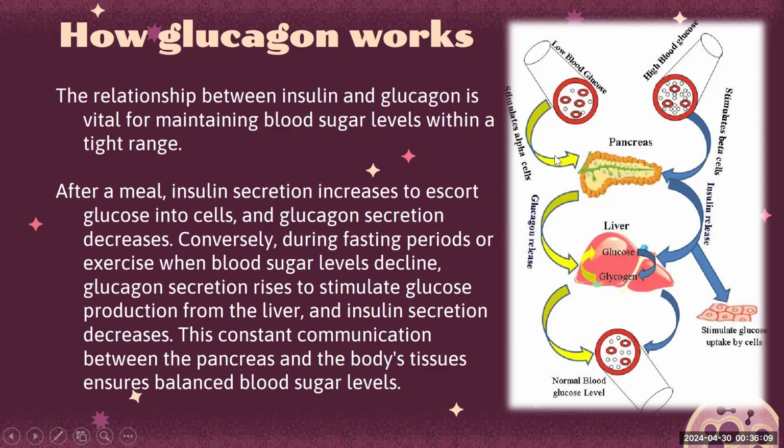But when your blood glucose is lower, glycogen is released from the liver and the muscle. Of course, glucagon is the hormone which converts this glycogen into glucose and makes your blood glucose level normal.